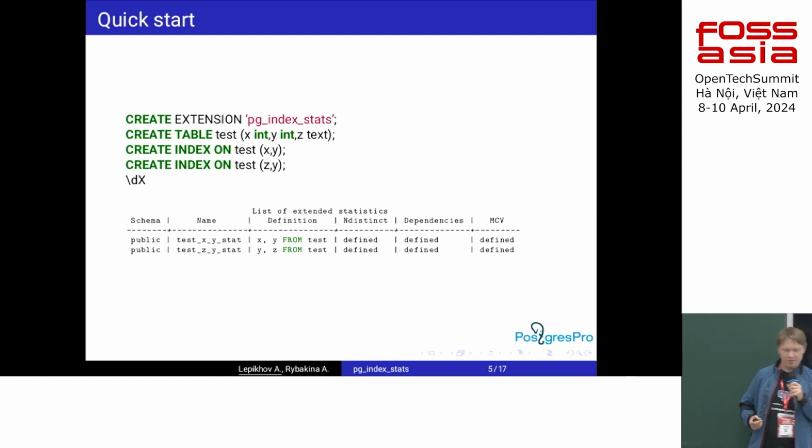Of course, as you can imagine, people like indexes in the database, and they can create a lot of indexes on one table. So we should think about compacting, and we are trying to approach this problem. Right now, we just remove duplicated statistics, but we have room for improvement here.